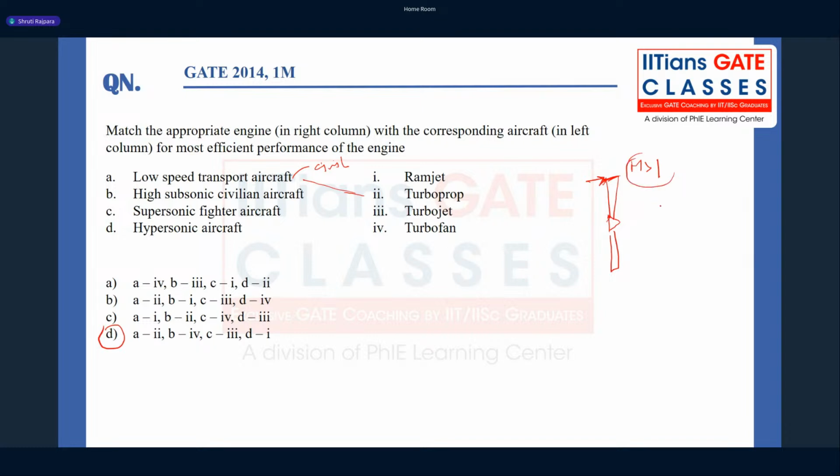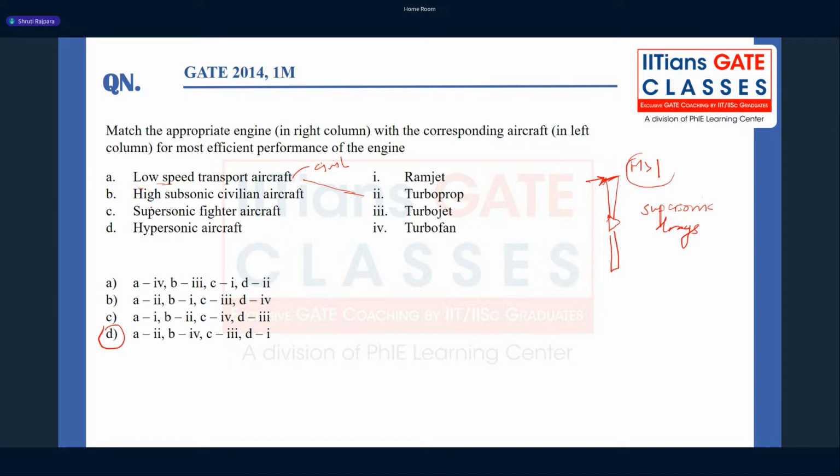So when it goes beyond Mach 1, it experiences some sort of supersonic drag, like the presence of shock waves, which is not suitable for a propeller blade. It can also cause some structural failure of the propeller blade. So, as transport aircrafts are operated at low speed, we can very well use turboprop for the most efficient performance.